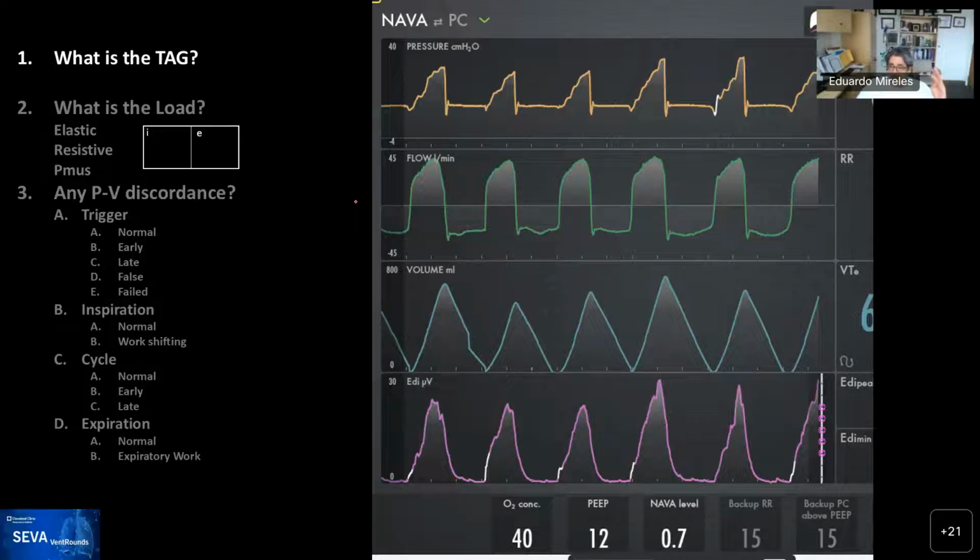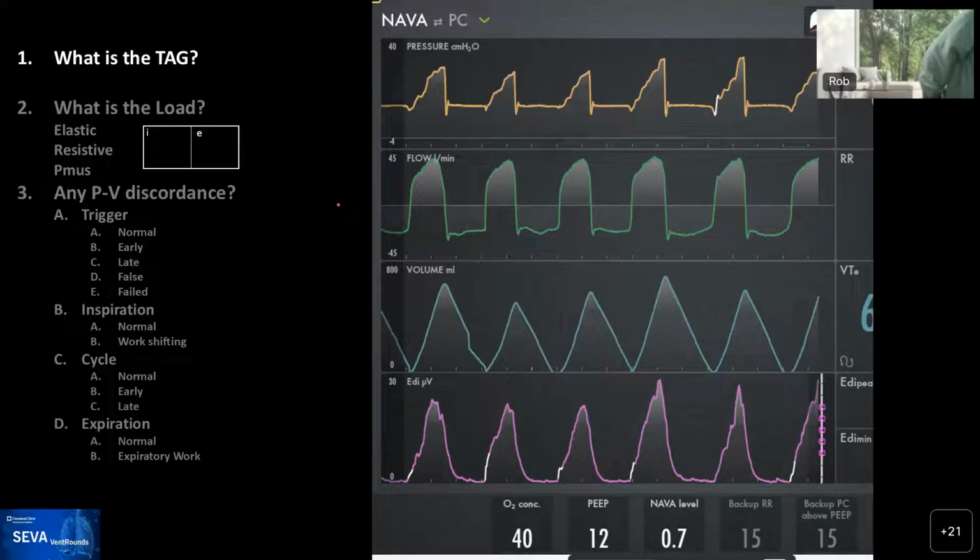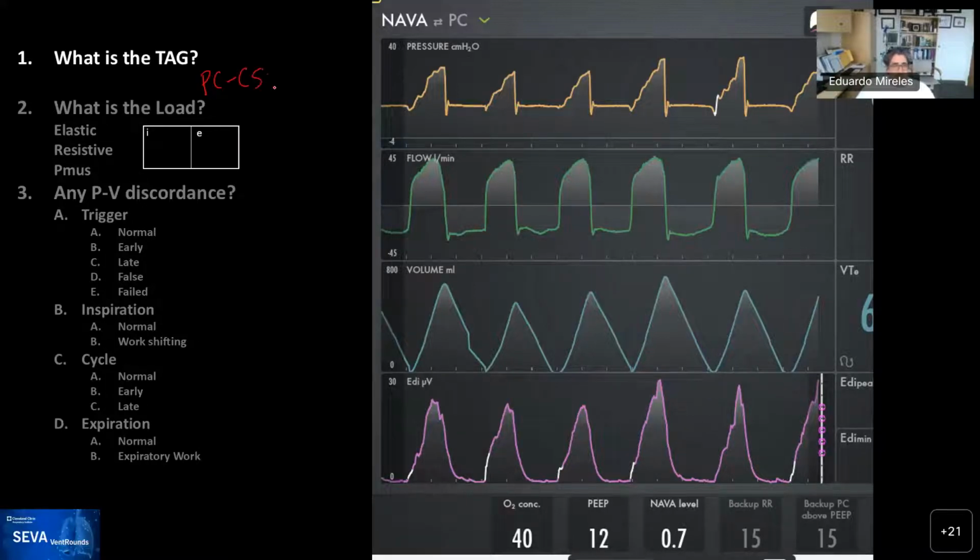And you can use the tag, the Rosetta Stone, the Vent Mode app. Very good. I see some entries coming in. So far I have a couple of entries. I presume the rest support the mission. So it has been entered that this is pressure control CSVR.